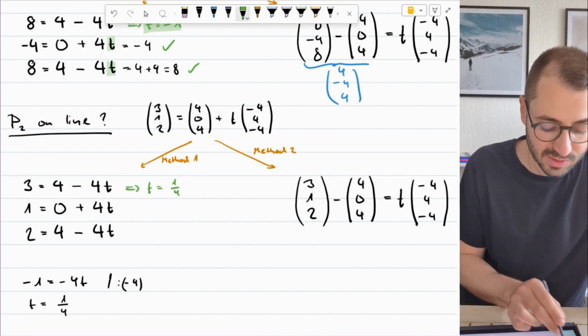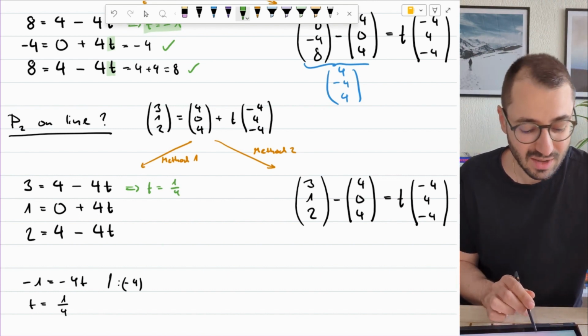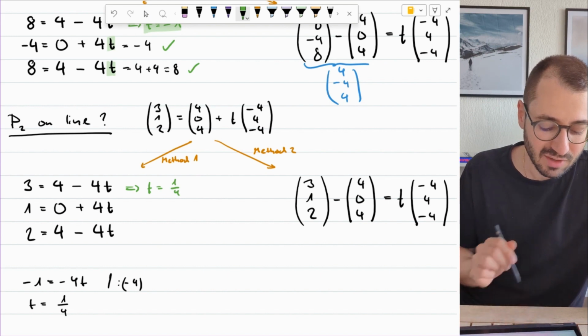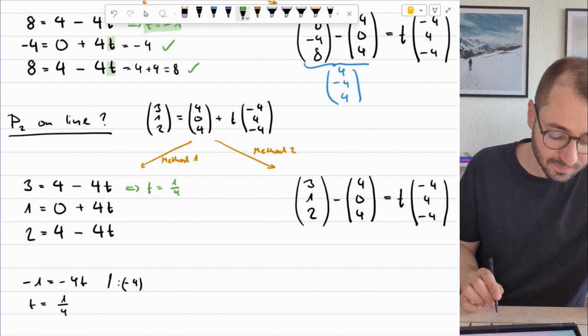Now again, we could solve the other ones and check whether t is also equal to 1/4. If it's 1/4, then P is on the line. If we get different values for t, then we know that it's not on the line.